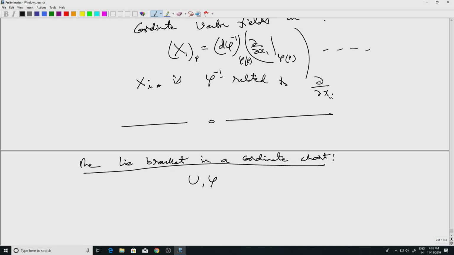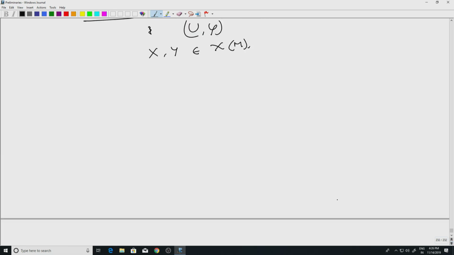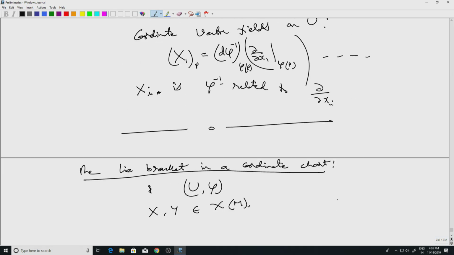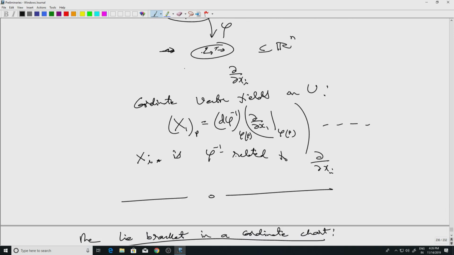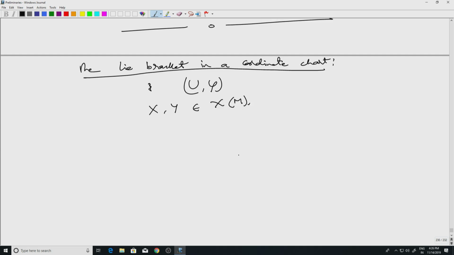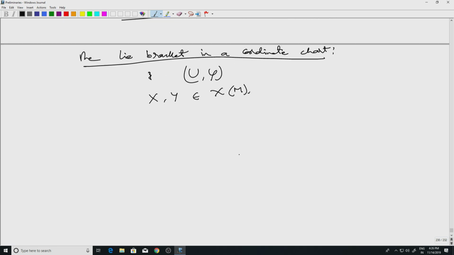I'll fix a chart U, phi, and take two vector fields X and Y on M. As we just talked about, on U we have this frame, in other words n vector fields x1, x2, ..., xn, which form a basis for the tangent space at each point of U. Therefore, I can write, as we have done earlier, X equal to ai.